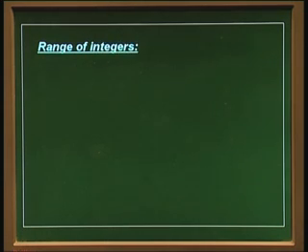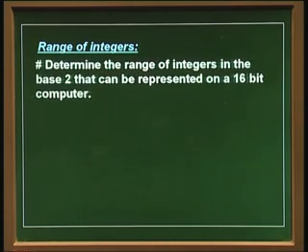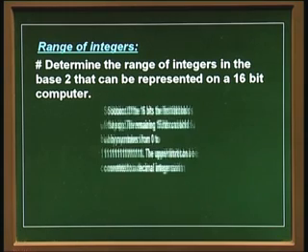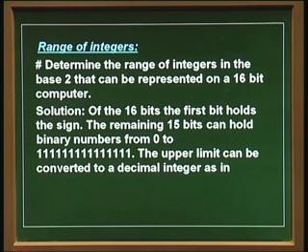We talked about the range of integers that can be represented on a digital computer. For example, we looked at the range of integers in base 2 that can be represented on a 16-bit computer. On the 16 bits, the first bit holds the sign, and the remaining 15 bits can hold binary numbers from all 0 to all 1.